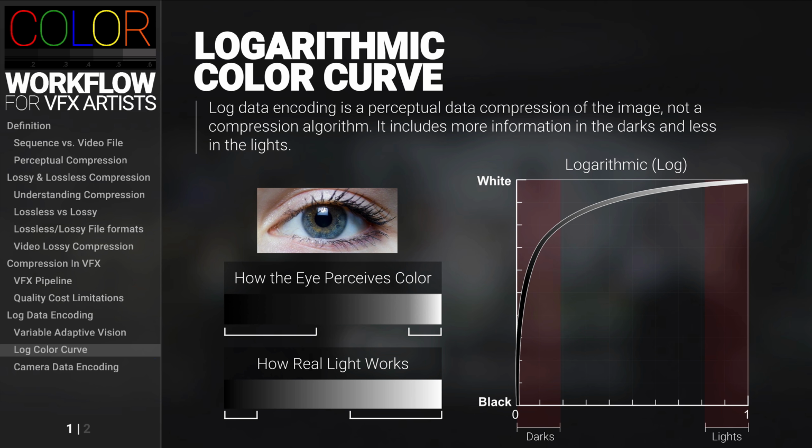Logarithmic data encoding does not use a compression algorithm. In other words, it does not compress the image after it's been created, or decompress the image upon opening of the file. Rather, the data encoding is how the actual image data is written to the file, which means this logarithmic color curve is baked into the file as it's being captured from the camera.